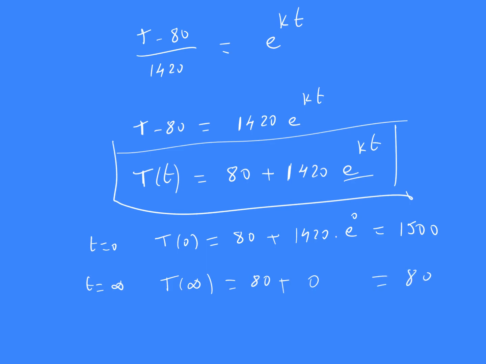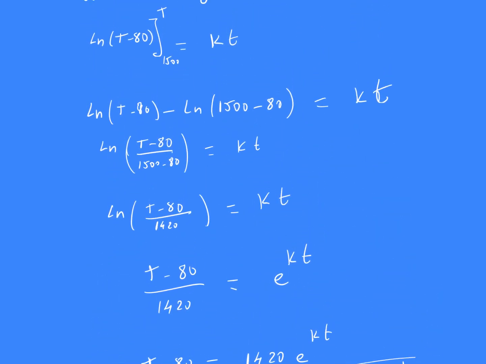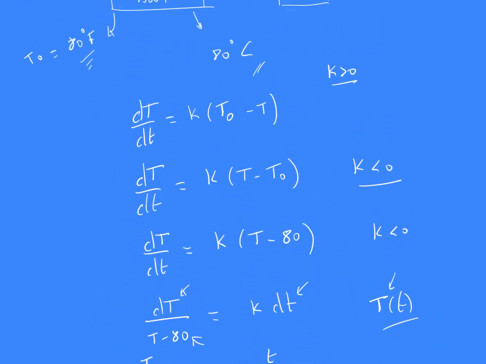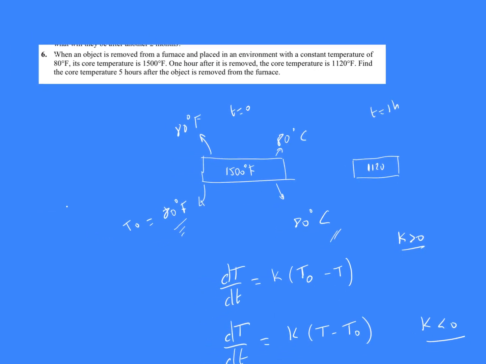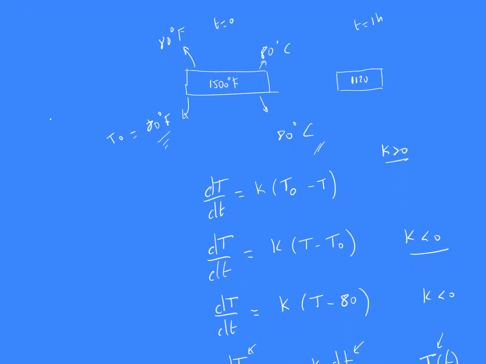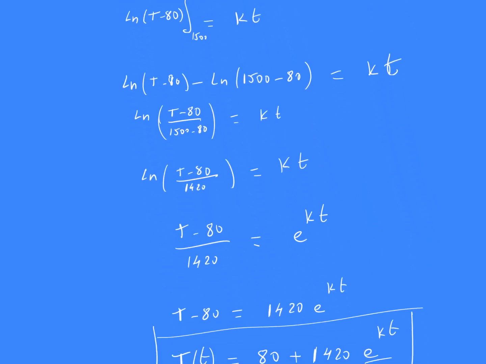The information for the k should be in the problem. Where is the k? The information is here: 1120 degrees after 1 hour. This is the k. Here is the information: 1120 at t equals 1. So let's go find the k. We already solved the equation.